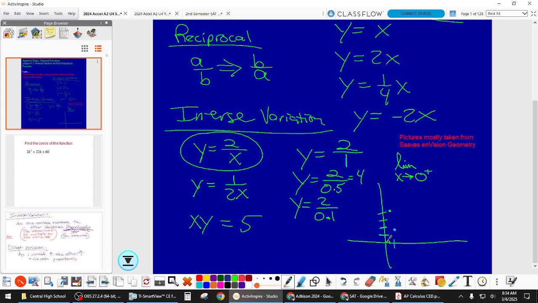We're getting closer, but we're still a long ways. If you think infinite, we're still a long ways from the y-axis, aren't we? Okay, so at 0.1, we're way up here at 20. Okay, what if I did y equals 2 over 0.0001? Now where are we? 20,000.